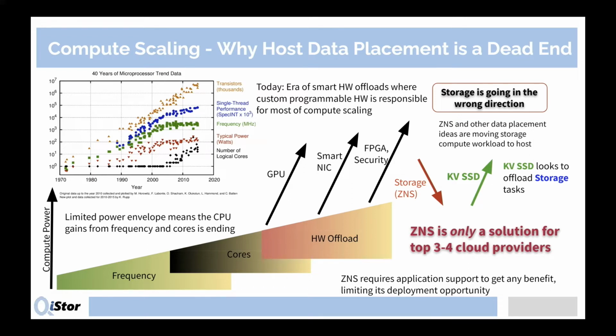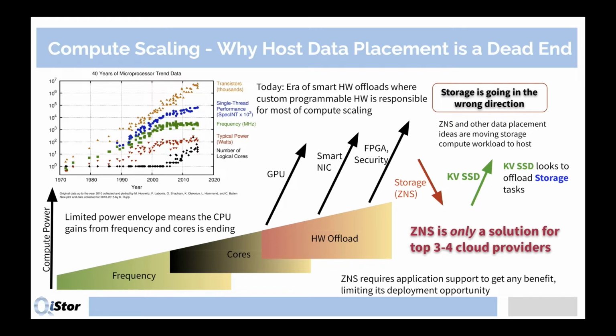These are all technologies where we're trying to do custom hardware that's programmable, to allow us to offload things that we previously just did in the CPU. And the problem is, these data placement technologies are going in the opposite direction. They're saying, let's pull workload off the device and into the host. And that is going to result in scaling problems.